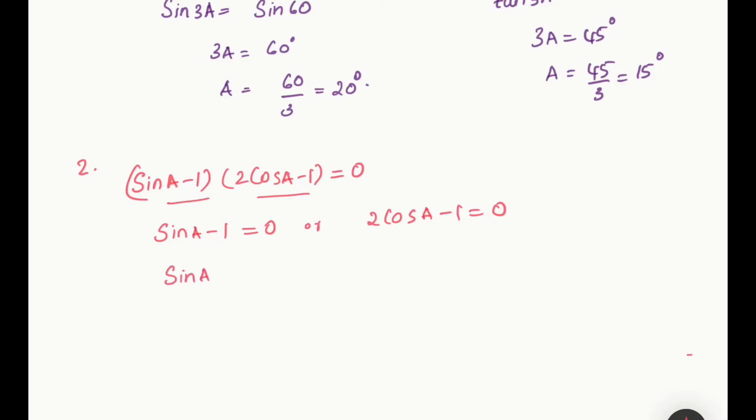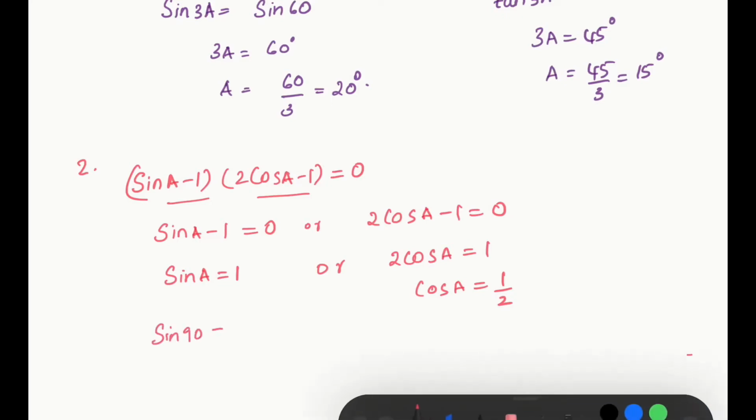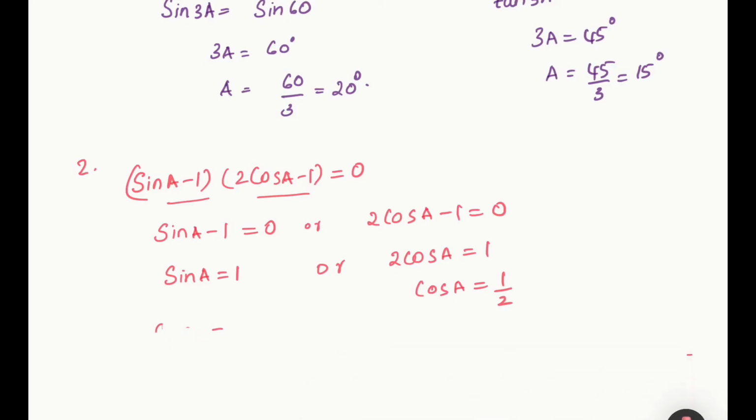So if this is the case, what do you get? Sin A equals 1 or 2 cos A equals 1, so cos A equals 1 by 2. Now for which value of sin do you get 1 as the answer? We all know it is sin 90. So I can write sin A is equal to sin 90.